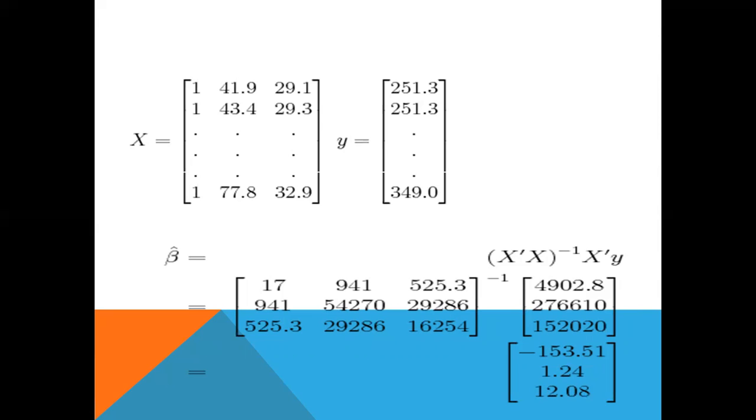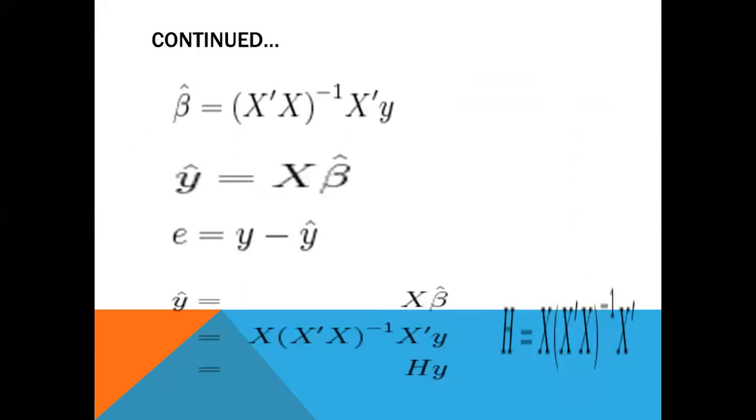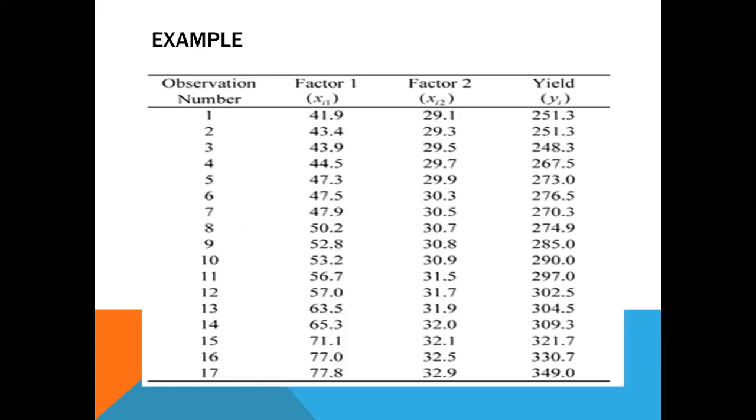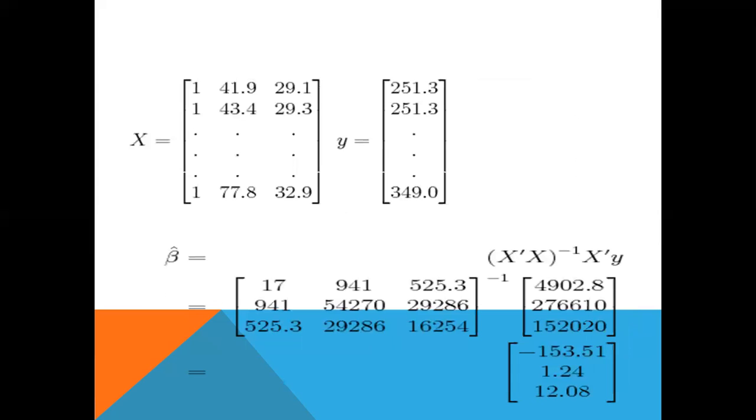Then b cap. So b cap, what's the formula? What was the formula for b cap? B cap equals x transpose multiplied by x. Okay, so that is here. We have already kept the multiplication, that is x transpose multiplied by x.